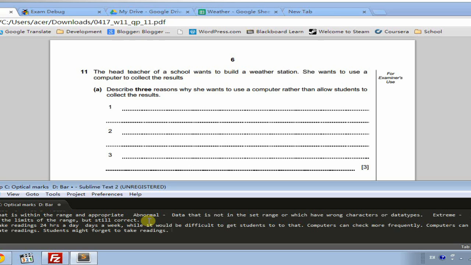So humans are very useful, but we are quite unreliable for these monotonous tasks. So computers are much better. Other things you might have is the intervals between readings can be more regular. Computers can analyze the data right away.